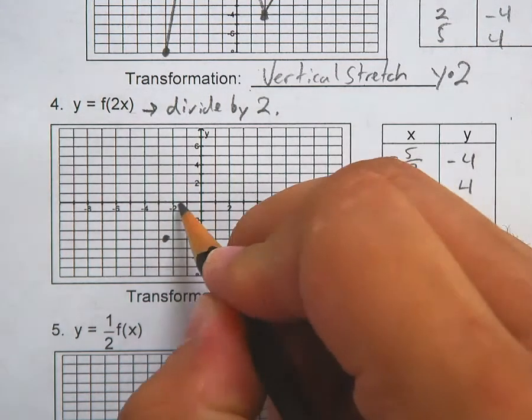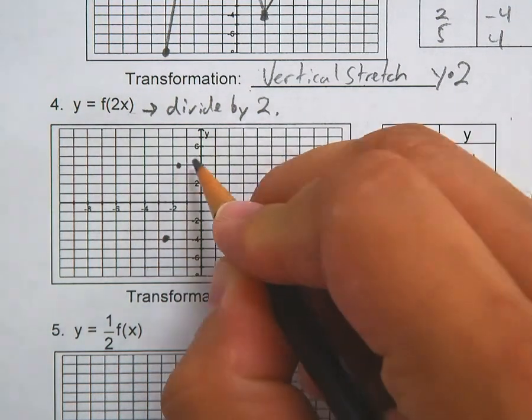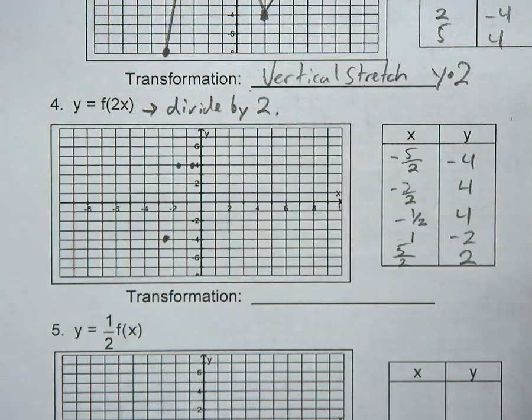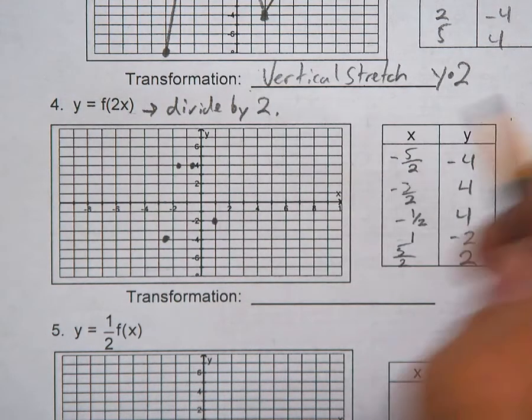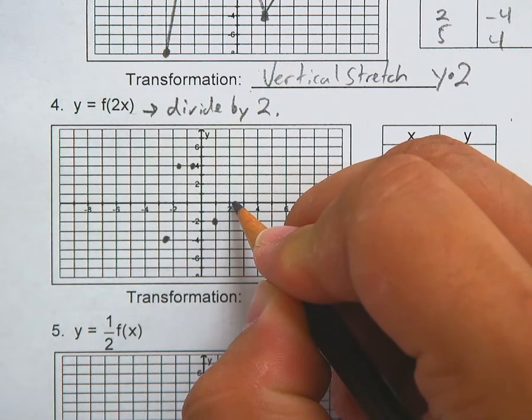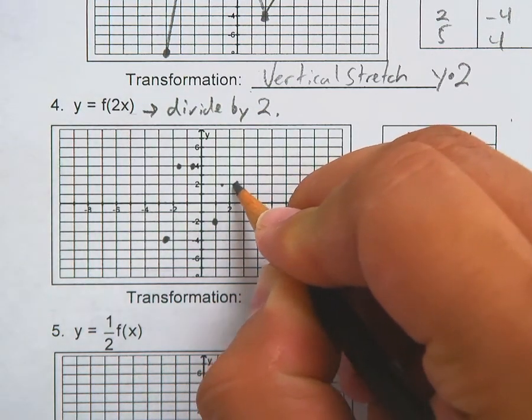Negative 3 halves, positive 4. Negative 1 half, positive 4. 1, negative 2. And 5 halves here, positive 2.